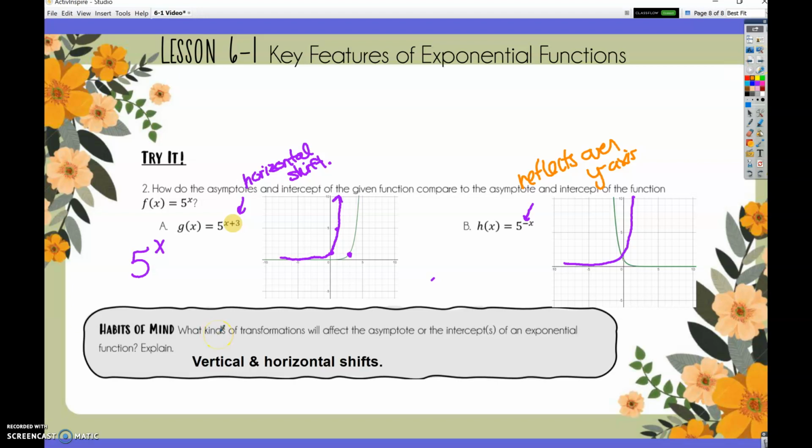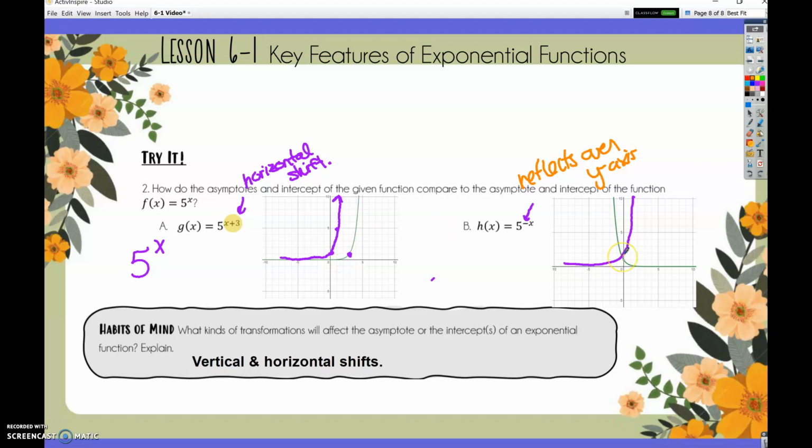It does ask in this habits of mind, what types of transformations affect the asymptote or the intercepts of the function? So when you do the try-its, you should probably answer the questions. I focused in on what happened to the graph, but an asymptote and an intercept, what did happen? Well, notice this intercept is no longer the same.